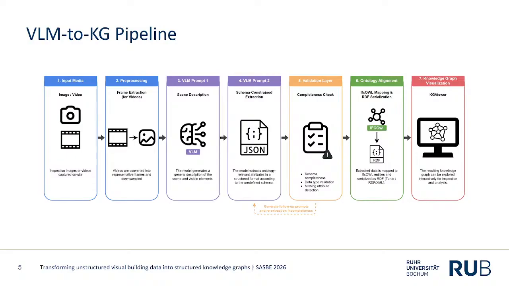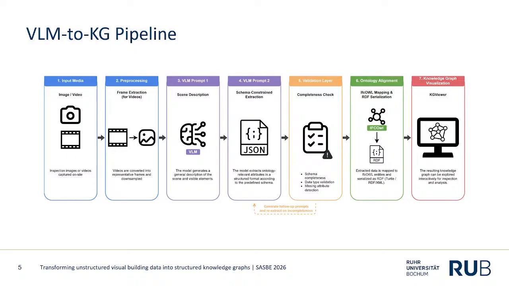So it can happen that a certain attribute is missing and there is an iterative step back. We include follow-up prompts and we extract additional information. And if it's still incomplete or is missing, we mark the attribute as missing.